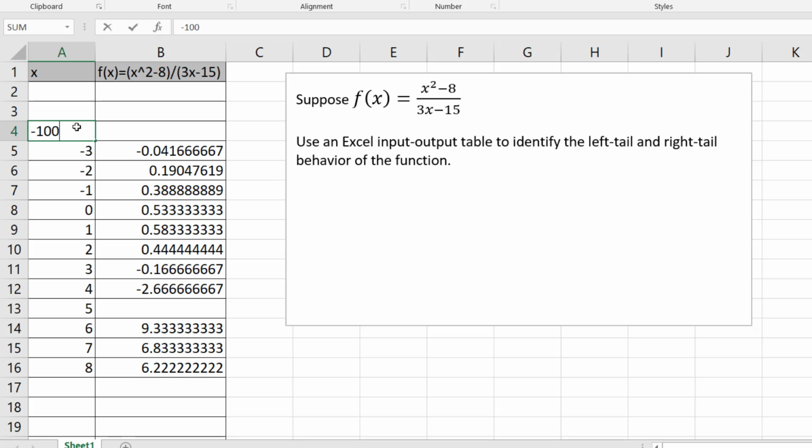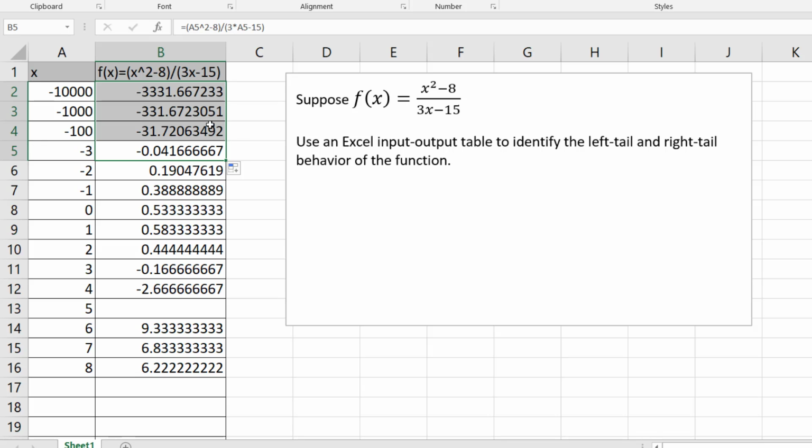I drag the y values formula up, and I see the y value is negative 31, then negative 331, then negative 3331.